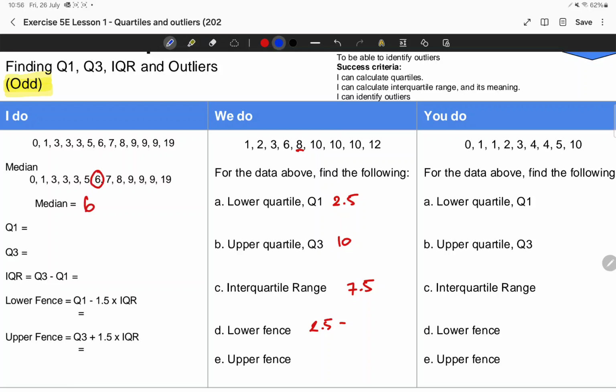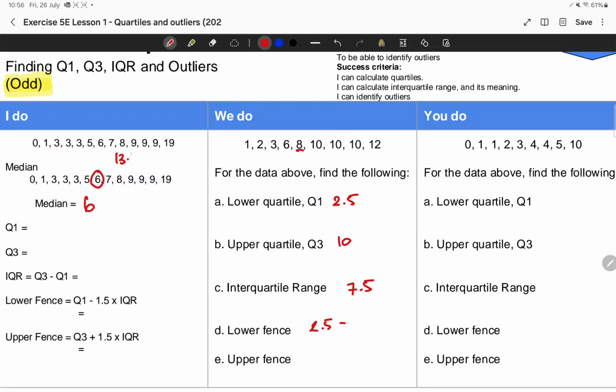Now we can test this out just like what we did before when we did the tick method. So tick, tick, tick, tick, tick, tick, tick, tick, tick, tick, tick, tick. And once we've ticked it, we have 6 there in the middle number. Okay, so that's the way that we can do it. So what I'll do is I'll actually write that down.